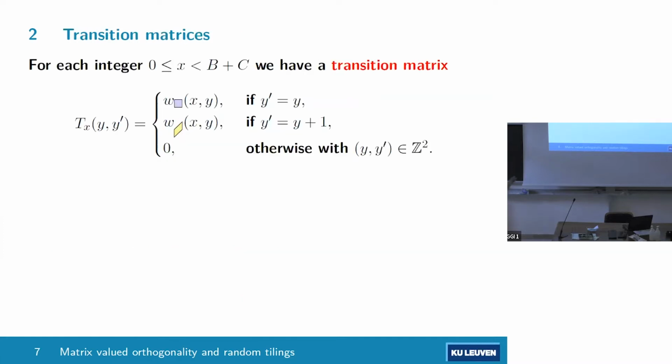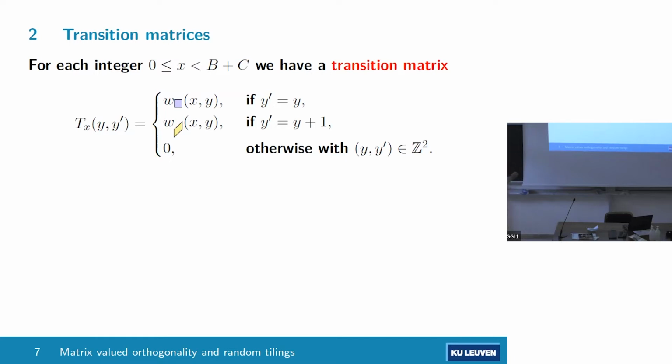And then I'm going to continue in this approach, okay, with these non-intersecting lattice paths. Then this can be encoded by a transition matrix that you have at the horizontal coordinate x. Call it T. And so this type of lozenge means that your path is going horizontal. It keeps the same height.